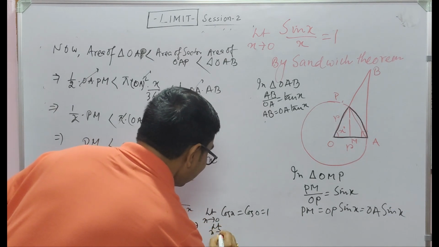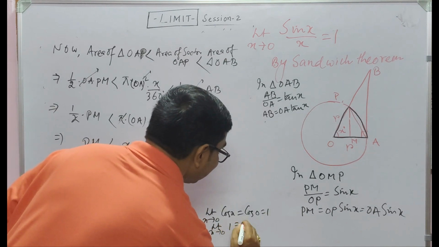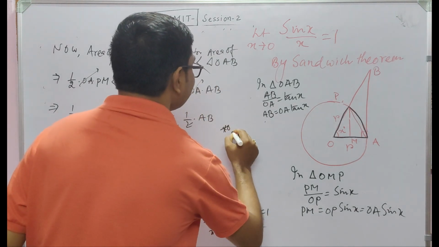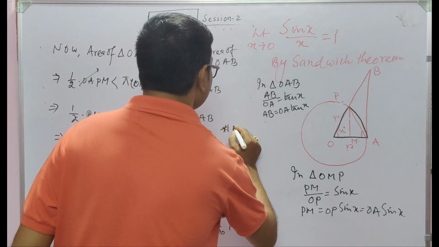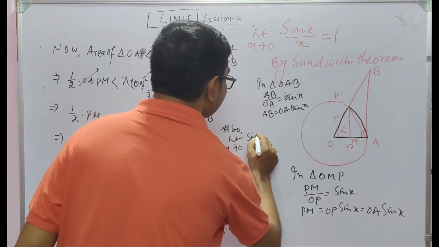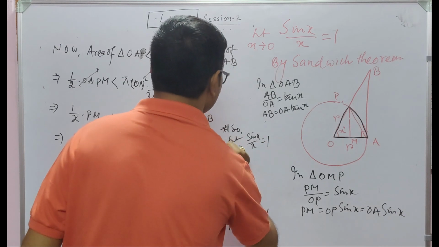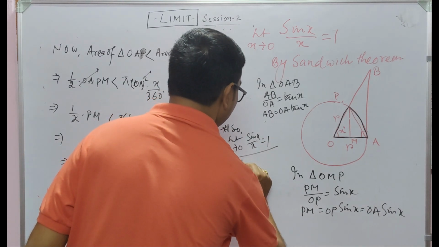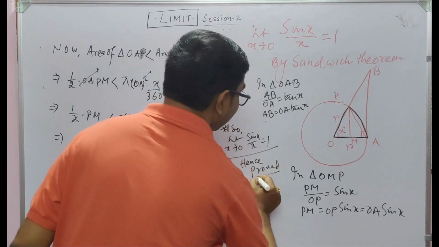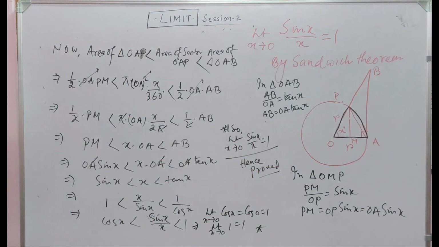Limit x tends to 0 of 1 equals 1. So the limit x tends to 0 sin x by x equals 1. Hence proved by the sandwich theorem.